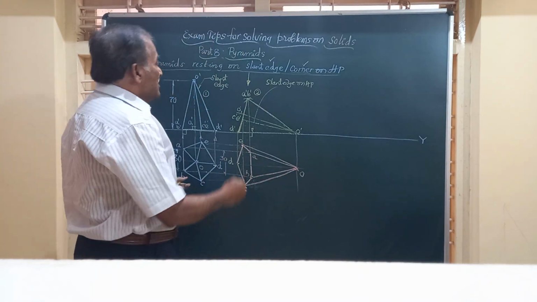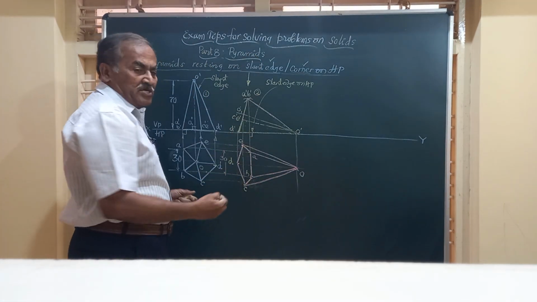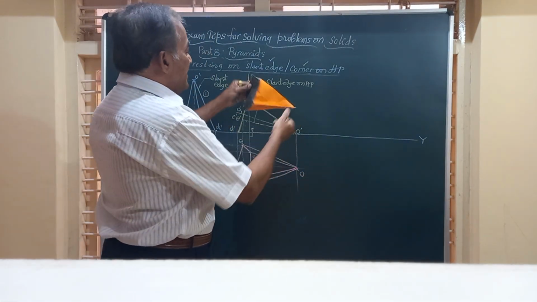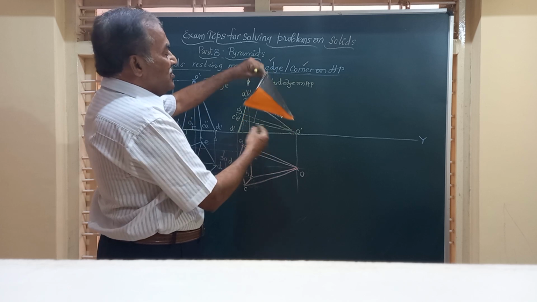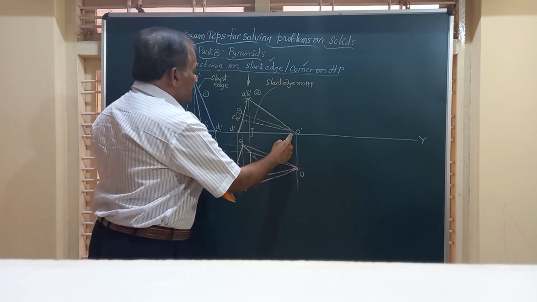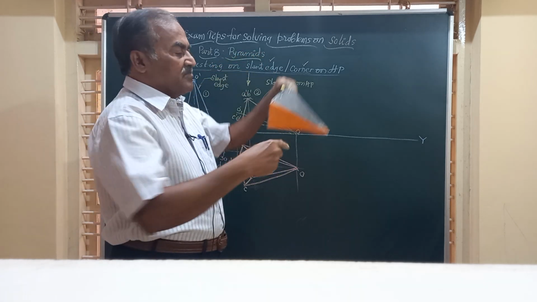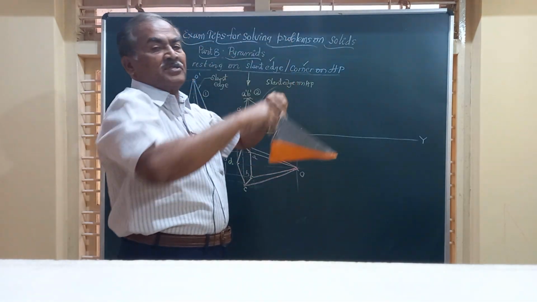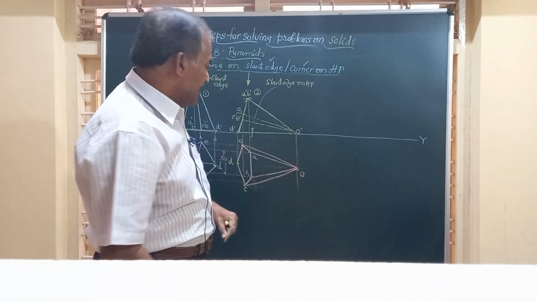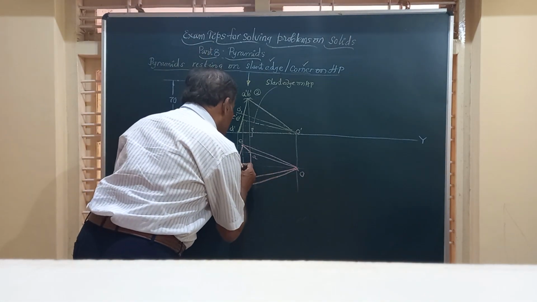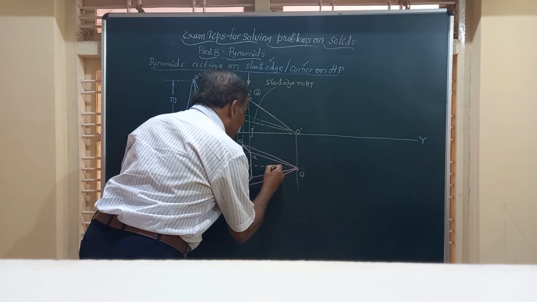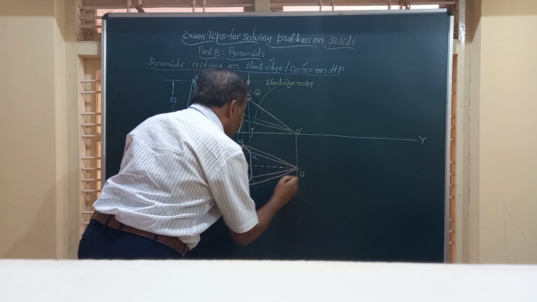Friends, if you see here, when you look from the top, since the object is opaque, it is resting like this. I will show you this slant edge, that is O dash D dash, on which the solid is resting on HP, is not visible in the top view, and hence I have to show this line O to D by a dotted line to indicate that it is not visible.